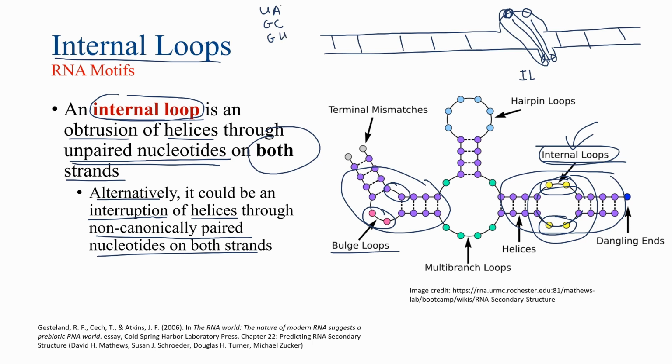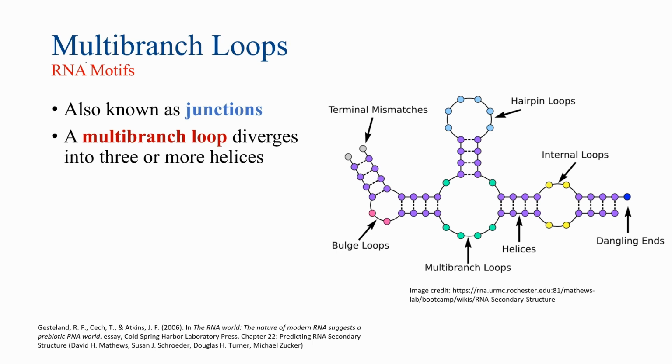If it is any other base pair, it would be a non-canonical base pairing. And if that is the case, then those base pairs could cause an internal loop to be formed.